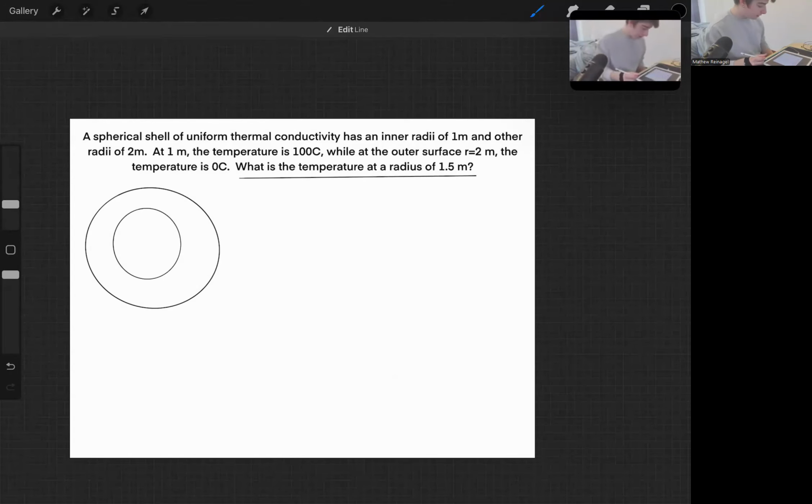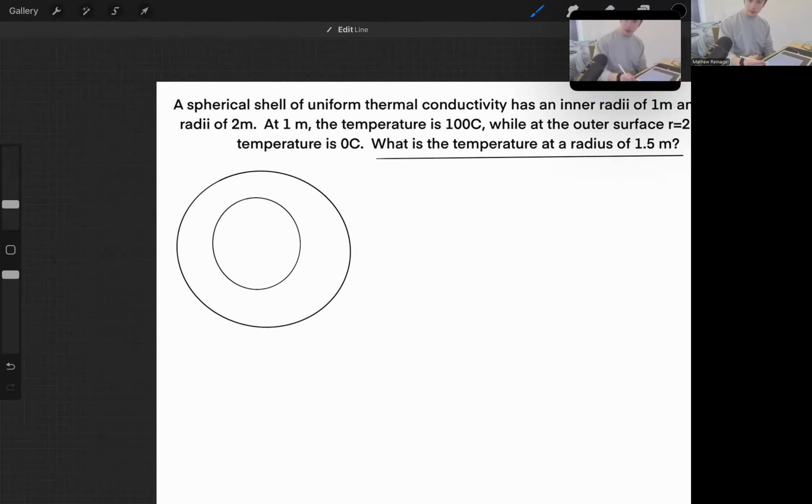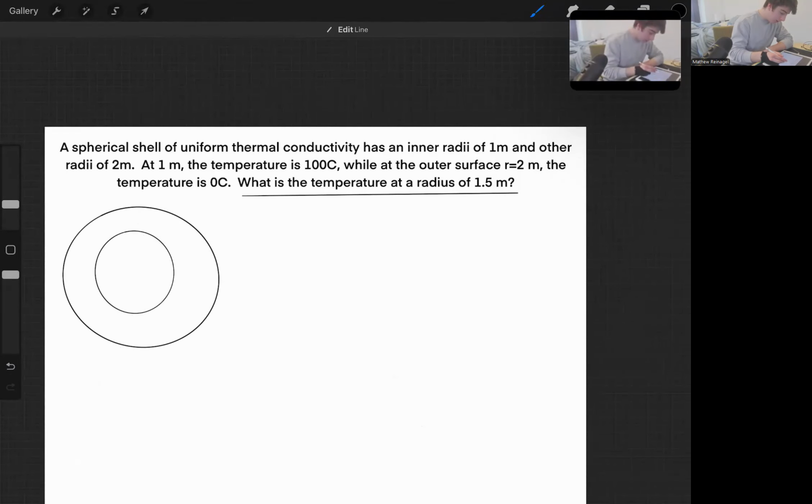So let's go ahead. I'm going to draw this diagram here to visualize the question that we're answering. Let's start with the inner radius. We know that this is 1 meter, and at this point it is 100 degrees Celsius.